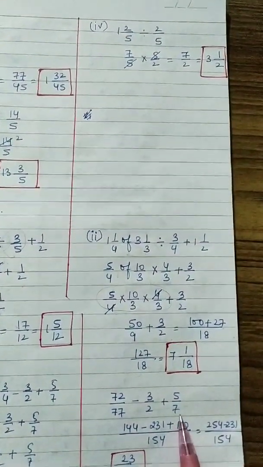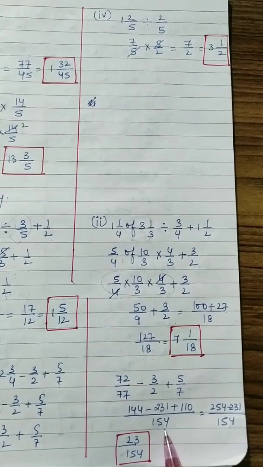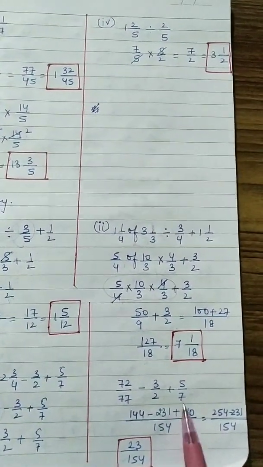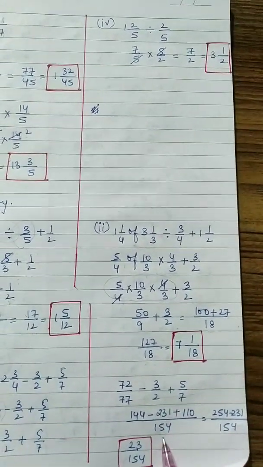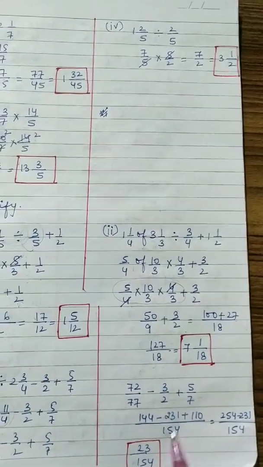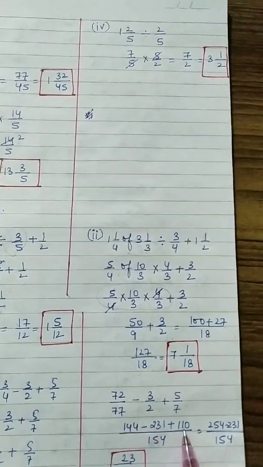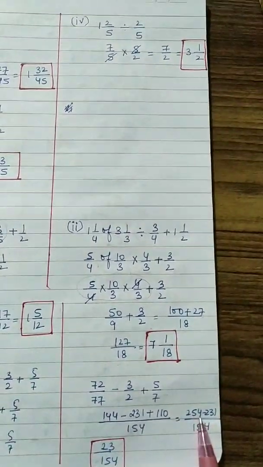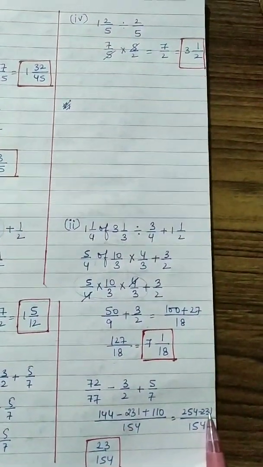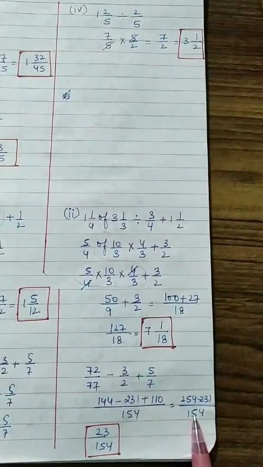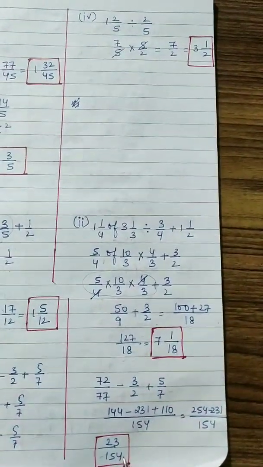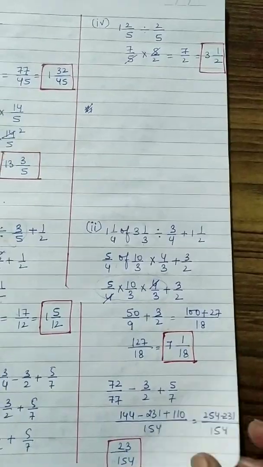And 154 divided by 7 is 22. So 22 into 5 is equal to 110. So add them. 144 plus 110, 254, minus 231, divided by 154. So answer will be, when you subtract, 23/154.